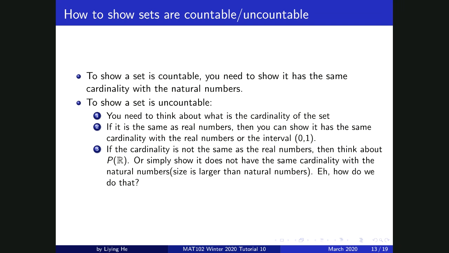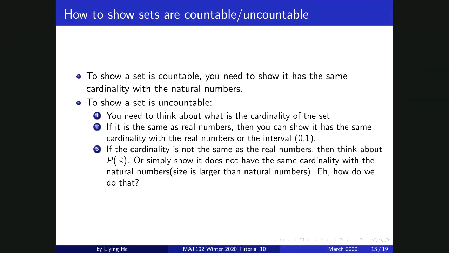If a set is uncountable, think about what cardinality means. If it has the same cardinality as the real numbers, you can give a bijection between your set and the real numbers or the interval 0, 1, because we know that the real numbers and the interval 0, 1 have the same cardinality.